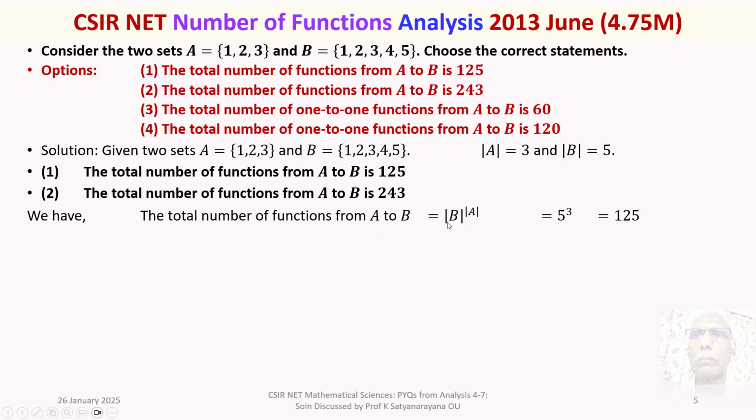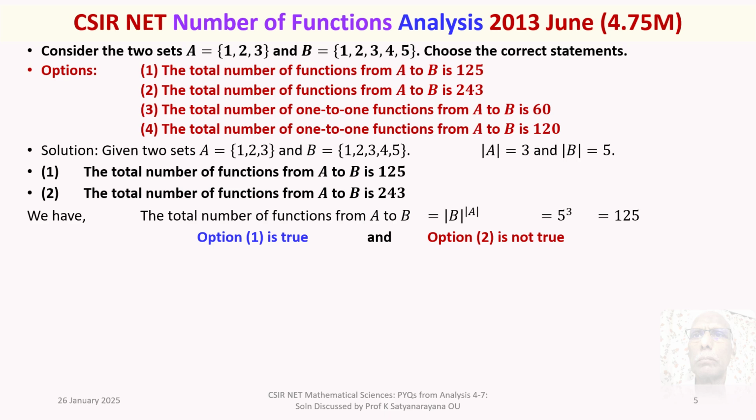So, the formula is the order of the codomain to the power of the order of the domain. The order of the codomain is 5. The order of the domain is 3. So, 5 cube, that is 125. Thus, option 1 is true and option 2 is not true.